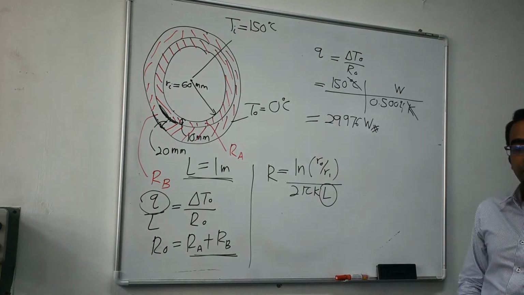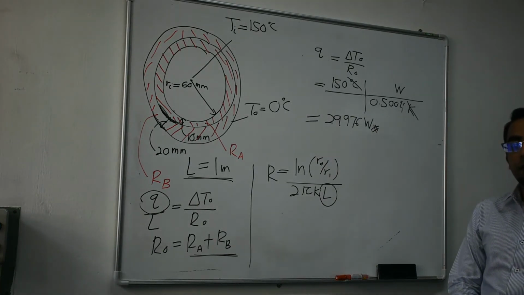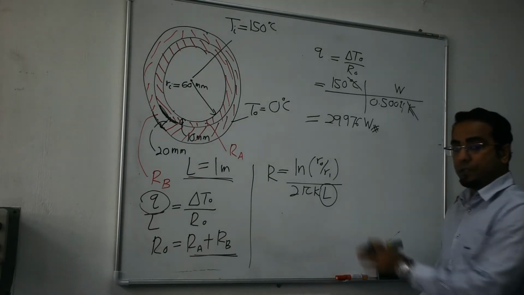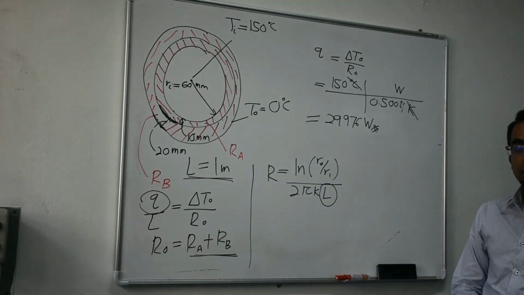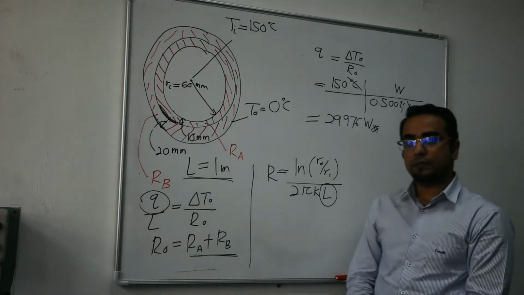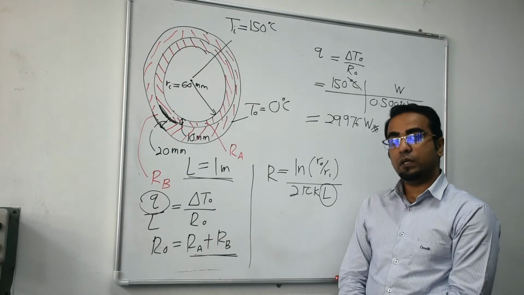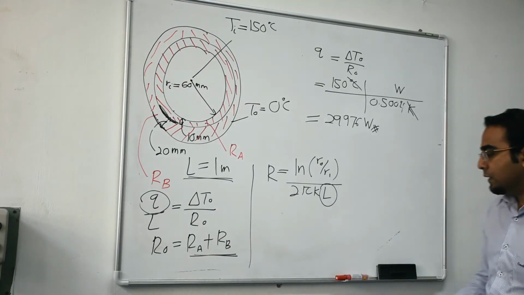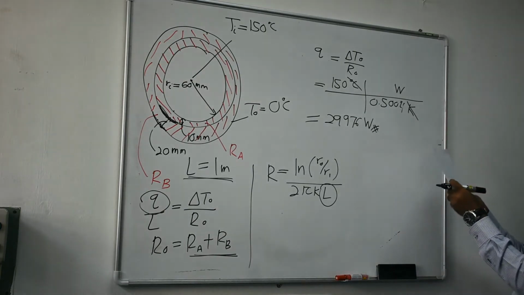And as I have mentioned in our first class, and every time we do calculation, the correct answer is as important as the unit. Okay, so make sure you understand the question and understand what the question is asking you. Okay, so that is the first part of the question.